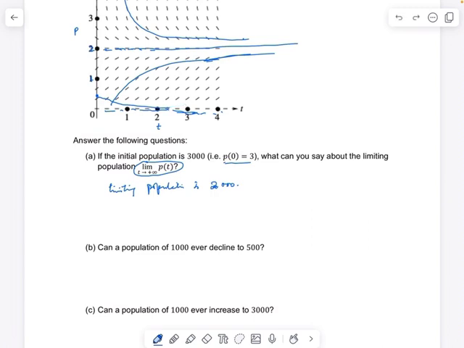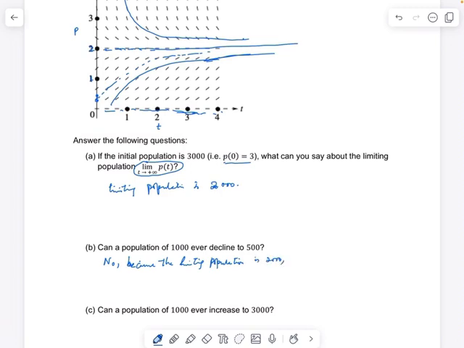So that means no, this cannot happen, because even if it started at 500, it's going to level off at 2000. So no, because the limiting population is 2000.